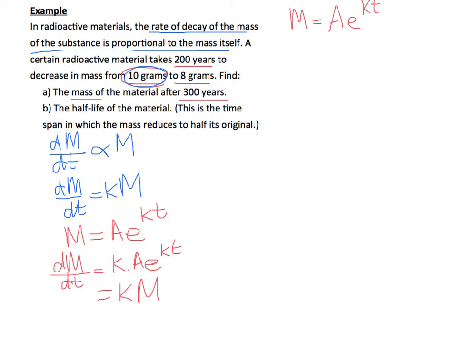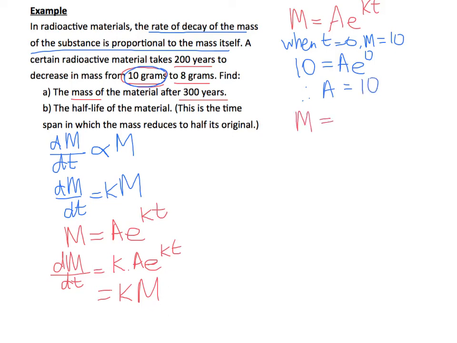So this is what this bit's saying. When t equals 0, m equals 10. So then you can say 10 equals a e to the power of k times 0. And therefore you can see clearly that a must equal 10 because e to the power of 0 is 1. So our equation for our mass becomes m equals 10 e to the power of kt.